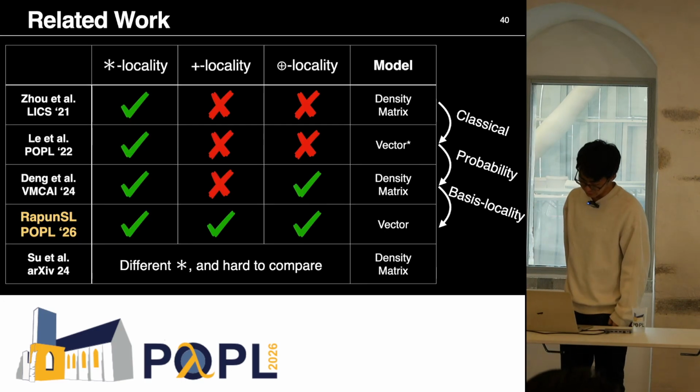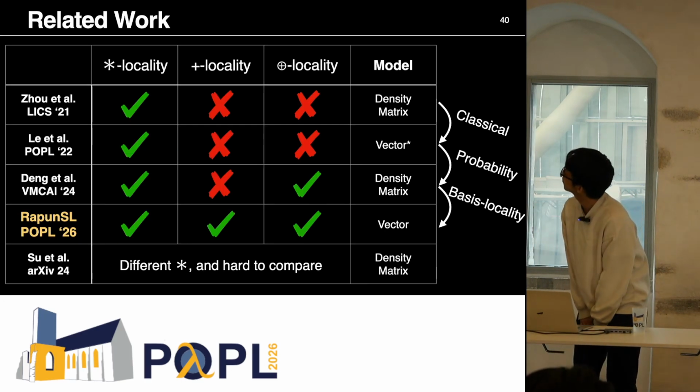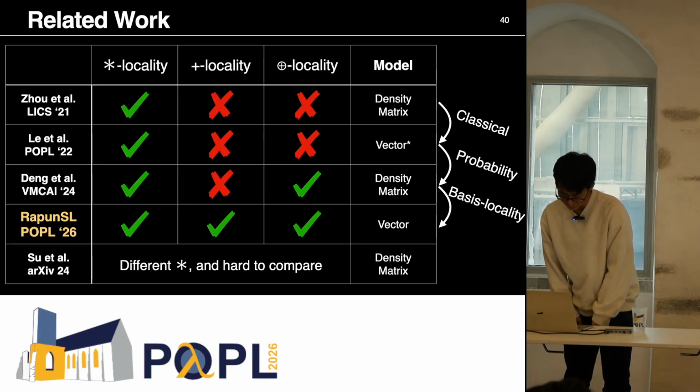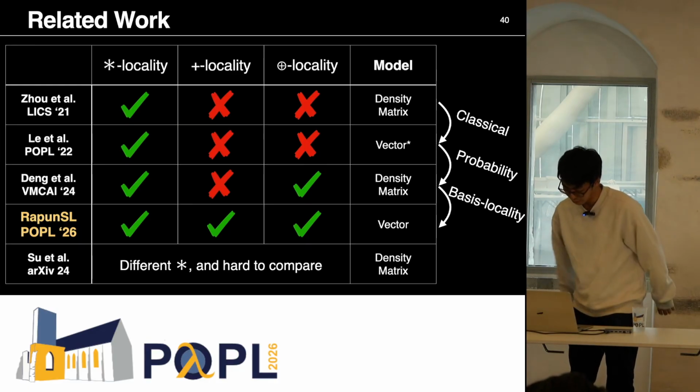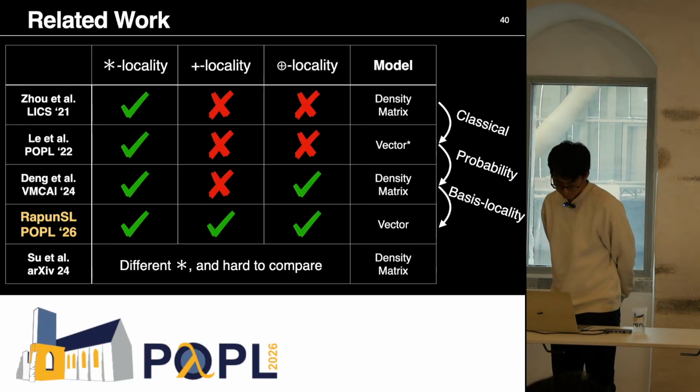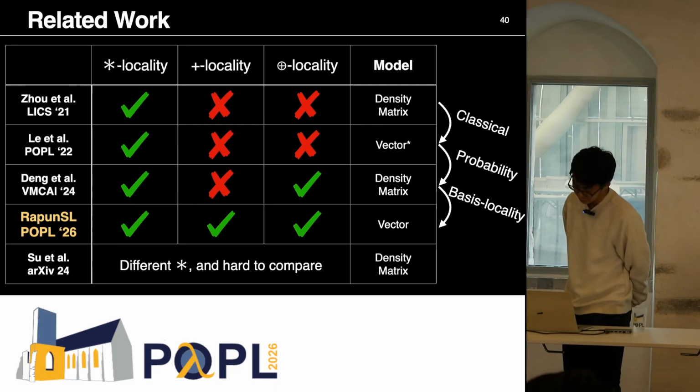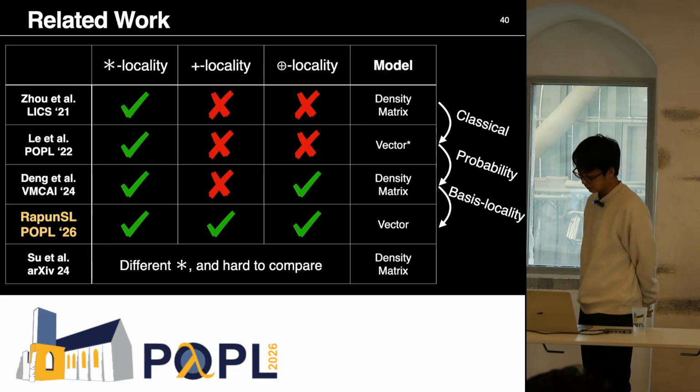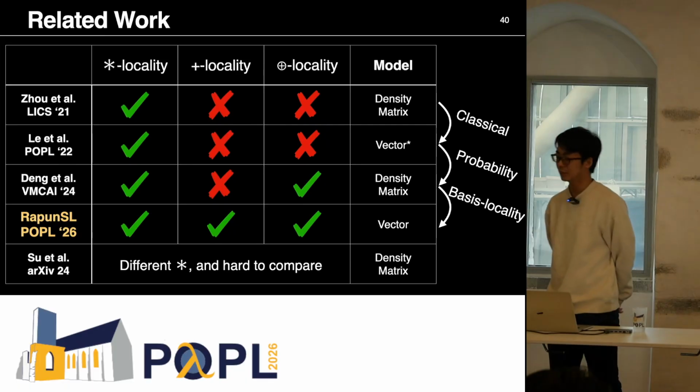So this is a slide for related work. The first line, Zhou et al.'s paper, has introduced the quantum separation logic. In the second line, the POPL'26 paper added the classical variable treatment to it.